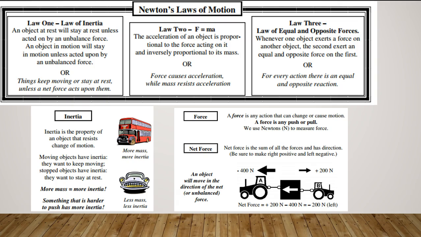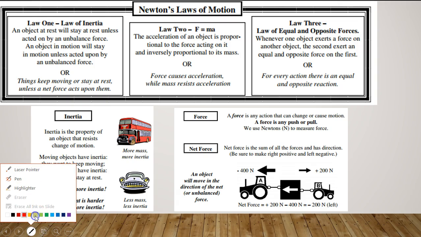The second law is dealing with force equals mass times acceleration, and the third one is the law of equal and opposite forces. So here we're going to highlight some keywords to keep in mind.